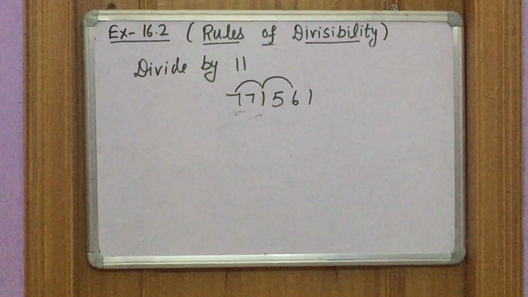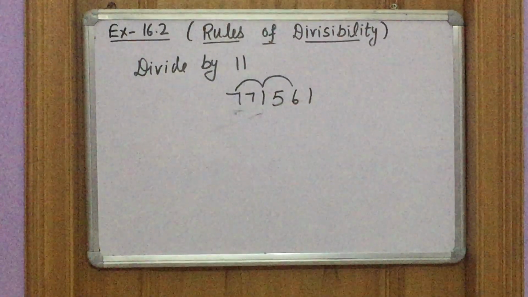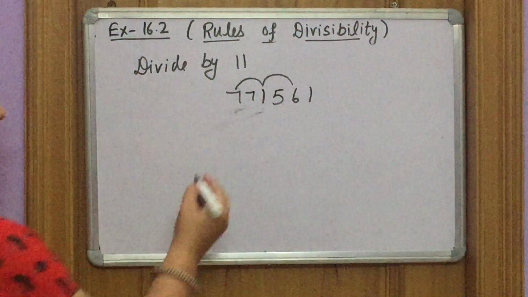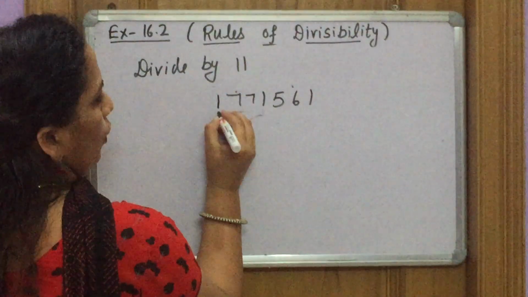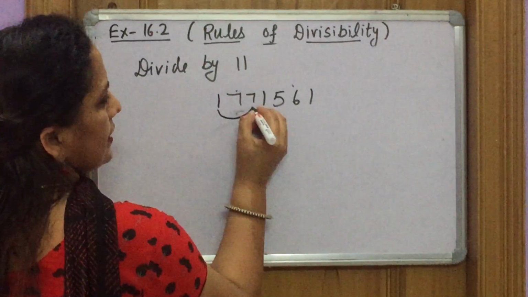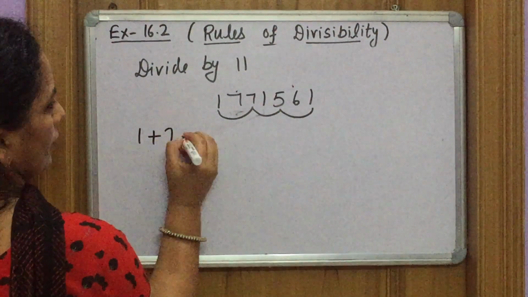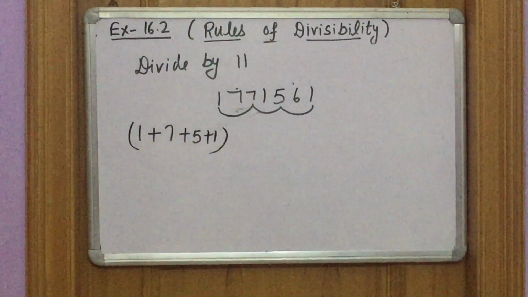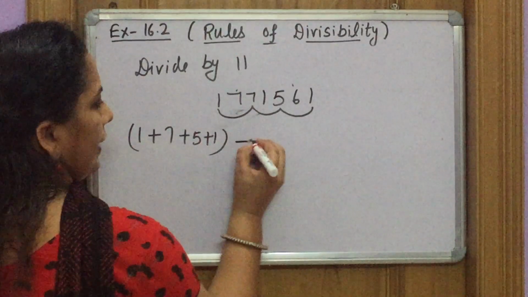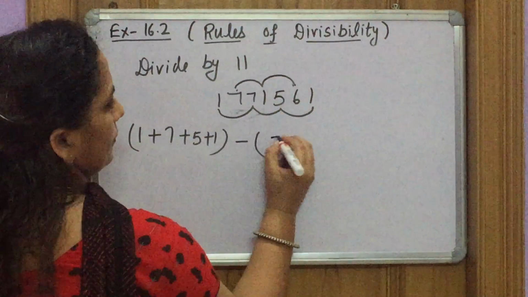Find out the subtraction of odd position numbers and even position numbers. So odd position numbers are 1, 7, 5 and 1. Sum that, then subtract the sum of even position numbers.